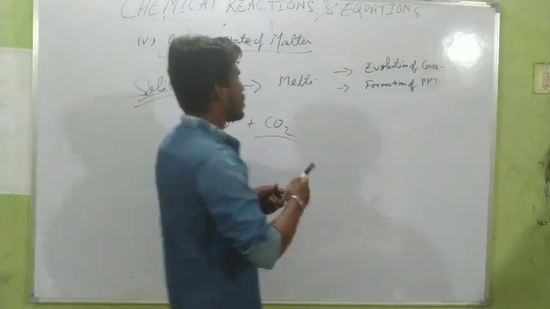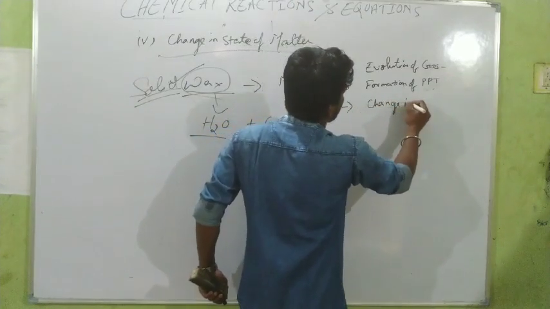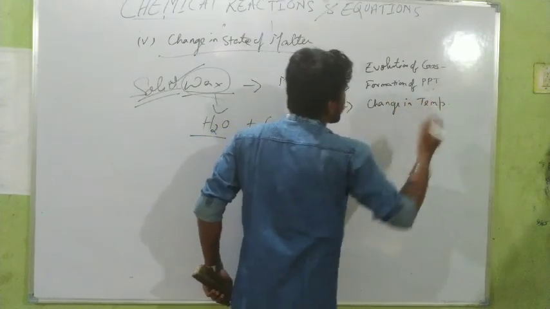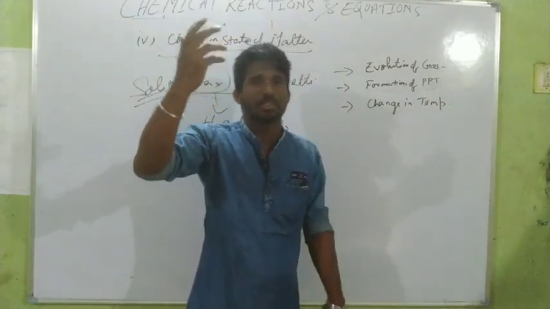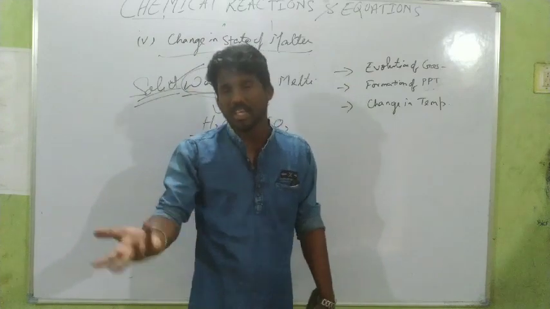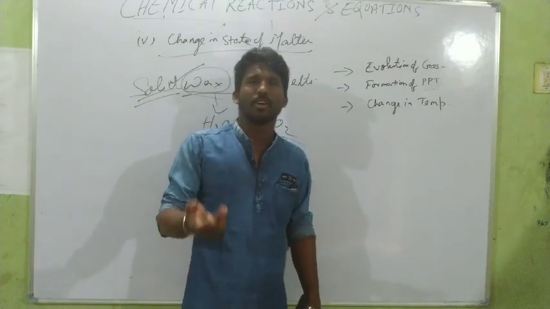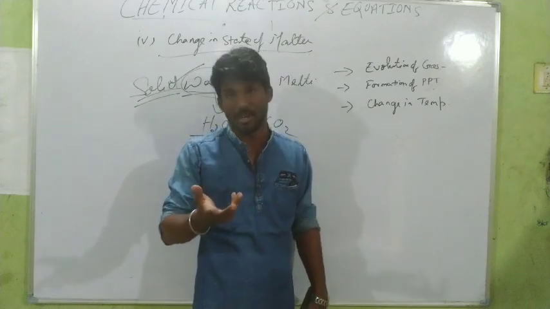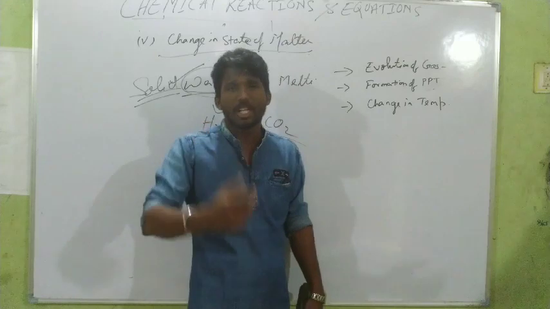The third one, change in temperature. There are two kinds of changes. When the temperature rises, that is exothermic. When the temperature falls, it is endothermic. For exothermic, I have given a very simple example of calcium oxide plus water gives you calcium hydroxide, and some amount of heat is produced.